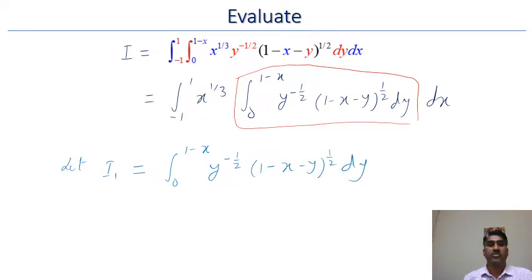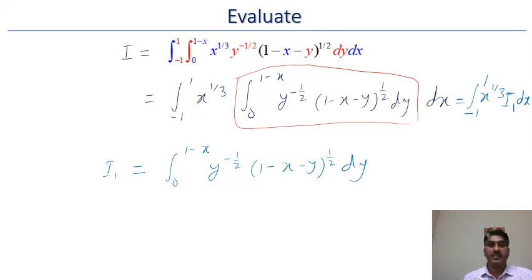Or you can avoid writing this and write the integral as minus 1 to 1 of x to the power 1 by 3 times I1 dx, where I1 is what we have taken. So now we will first solve I1.